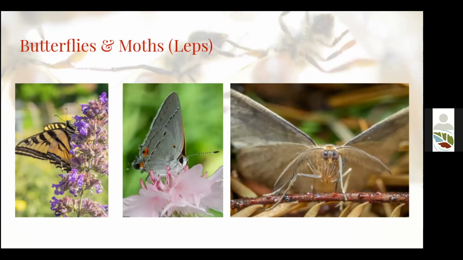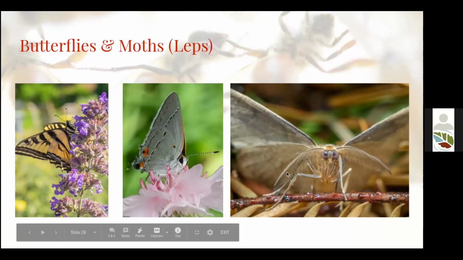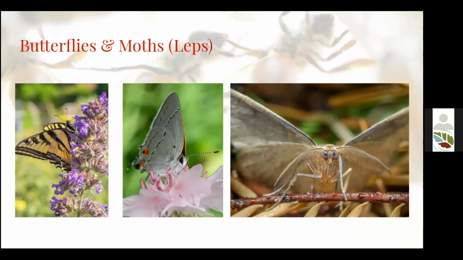So butterflies have these little barbels at the tips of their antennae, whereas moths, and particularly male moths, have these branching antennae that they use to sense females. Butterflies in general are more active during the day, where moths are active at night, so they might be pollinating night blooming flowers and night blooming plants.